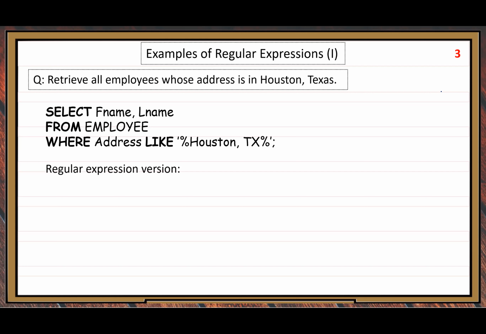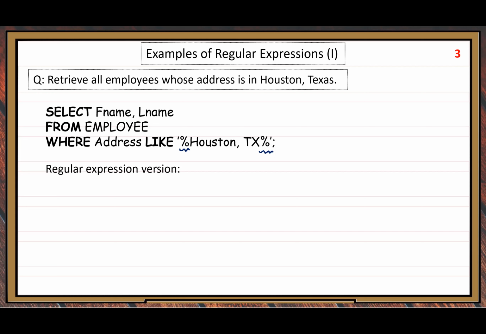With like, before Houston, to match anything, you use the percent sign, and after TX you use another percent sign. But in a regular expression, if anything can be matched, you just leave it blank. You don't need a special symbol.